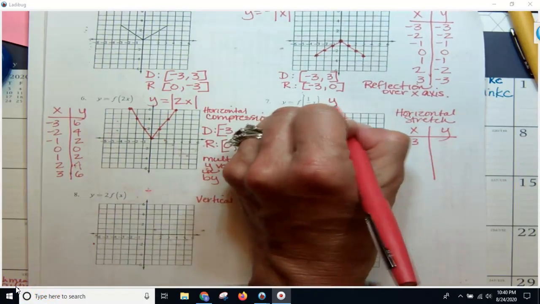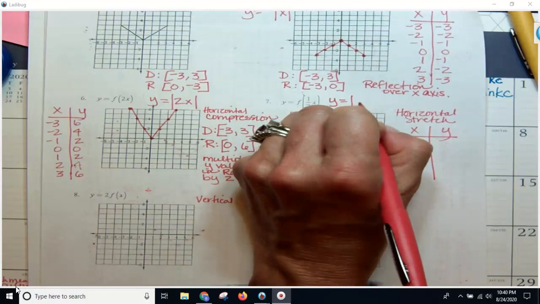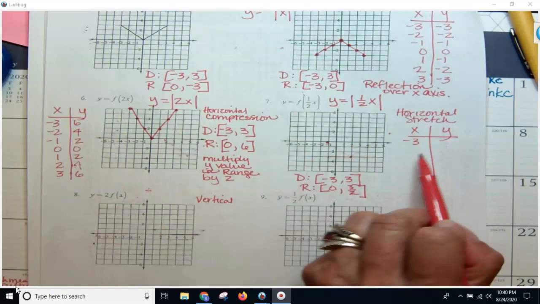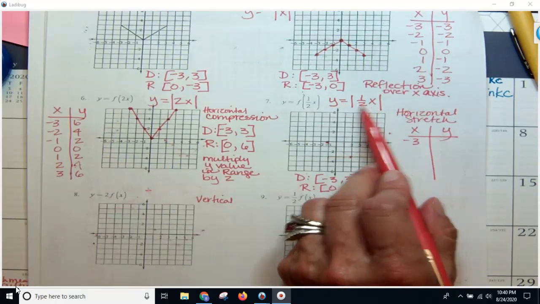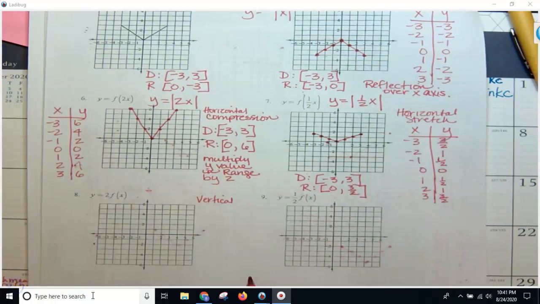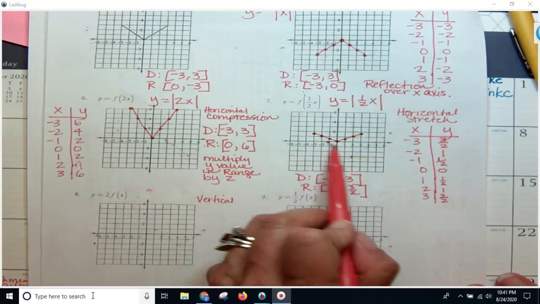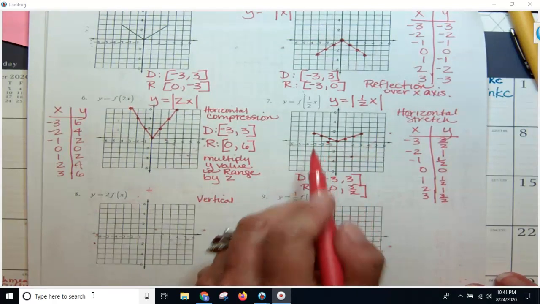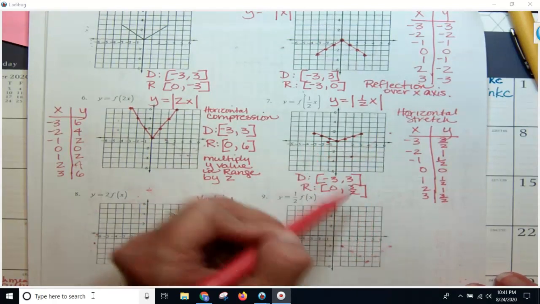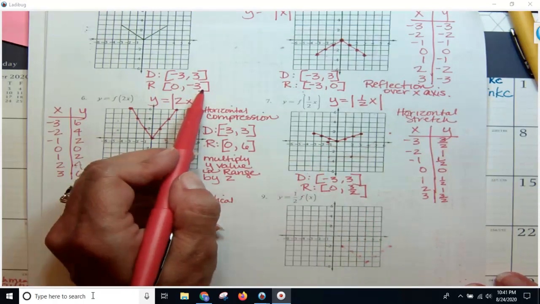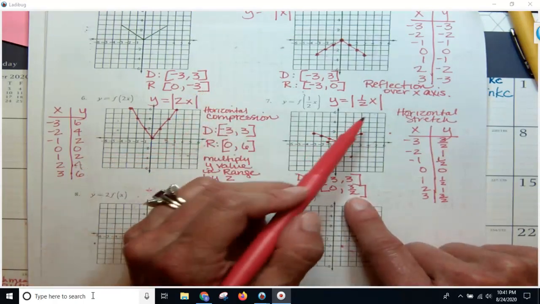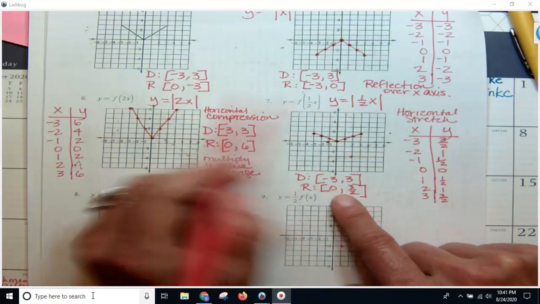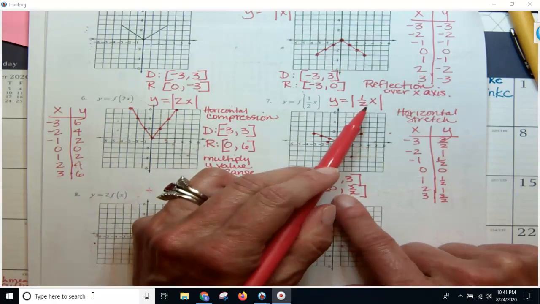And just as a reminder, this is going to be y equals the absolute value of 1/2 x. All right, so then we're plugging in -3 into this. So here we go, and this is our graph. We notice our domain is the same, nothing has changed. And our range originally was 0, 3, and then we multiplied by the absolute value of 1/2.